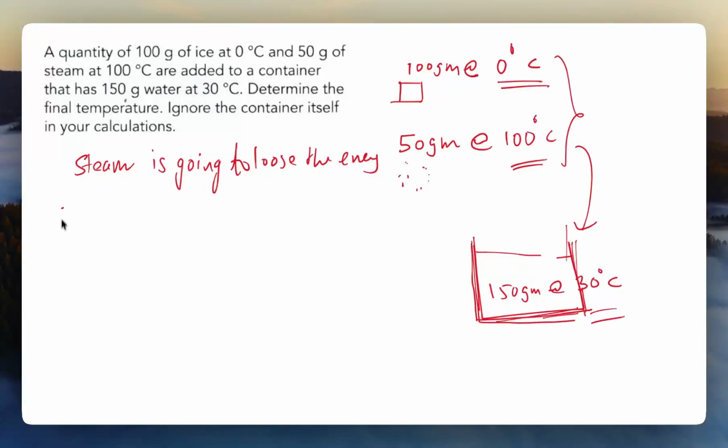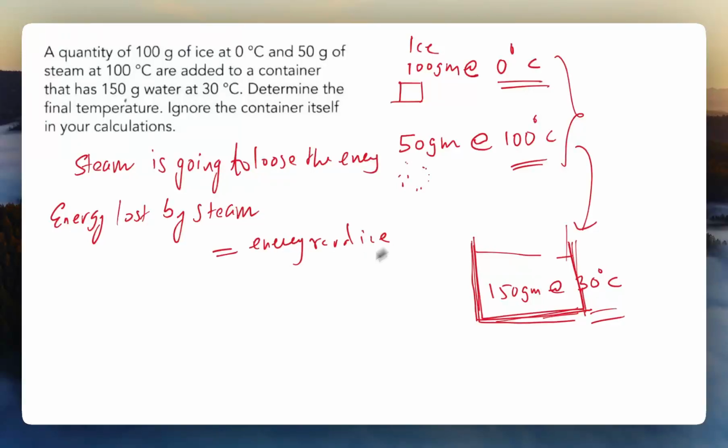So we say the energy lost by the steam will be taken by the ice, so energy received by ice plus the energy received by this water. As you can see, these are very simple applications of the law of conservation of energy, right?